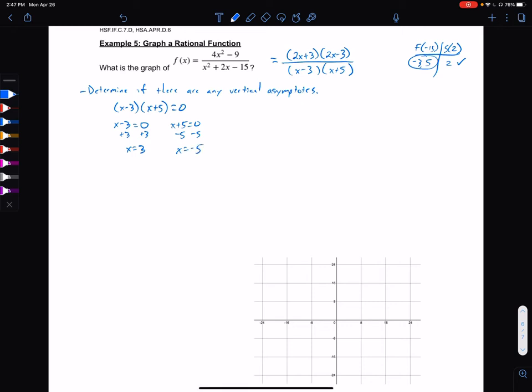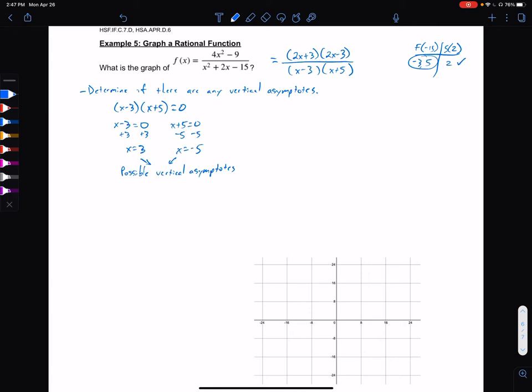So these two are possible vertical asymptotes. And the reason I say that they're possible ones is that there is the chance that they're not actually asymptotes and they're just holes in the graph. They are vertical asymptotes if they can't be canceled out in your original function.